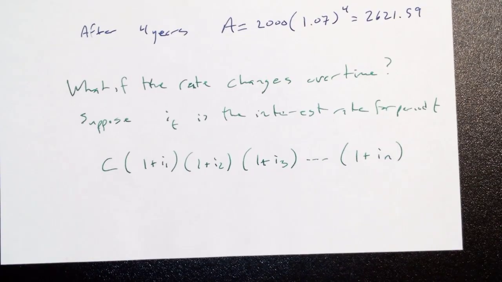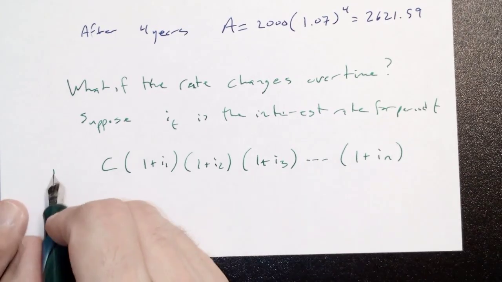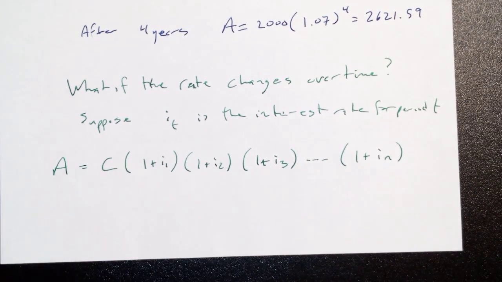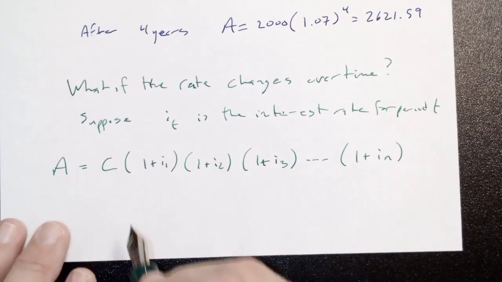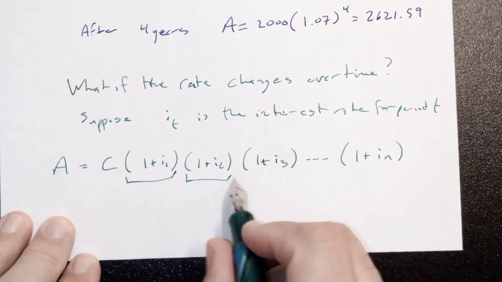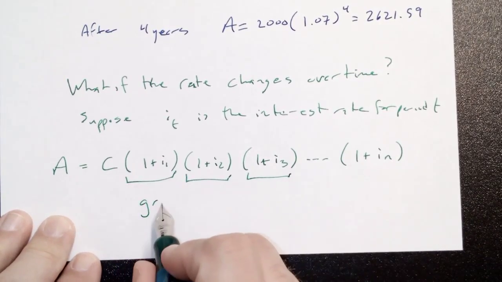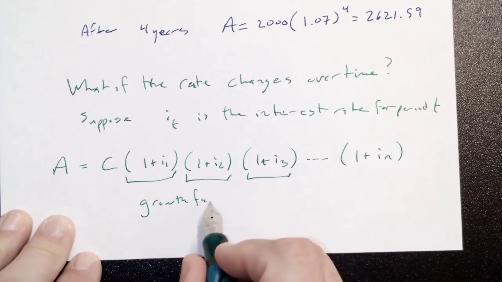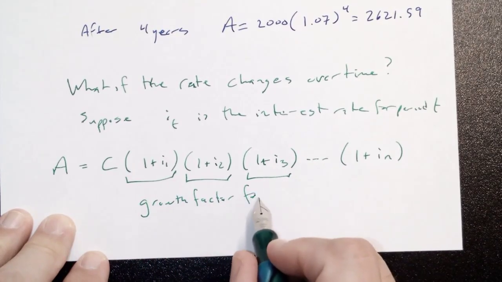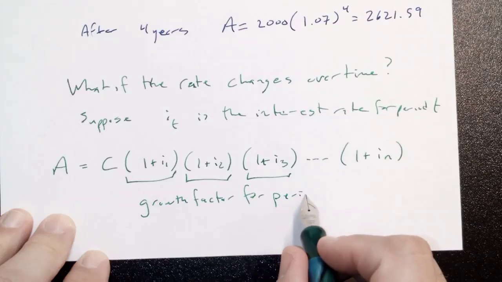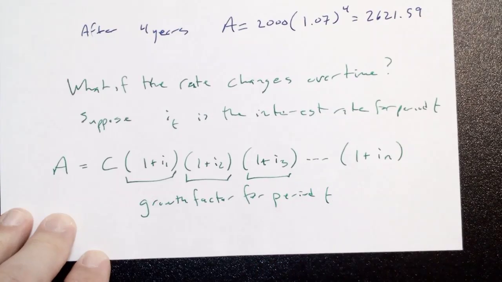Every time I multiply, I might be multiplying by something different. This will be our accumulated value A. And then each of these numbers is a growth factor.